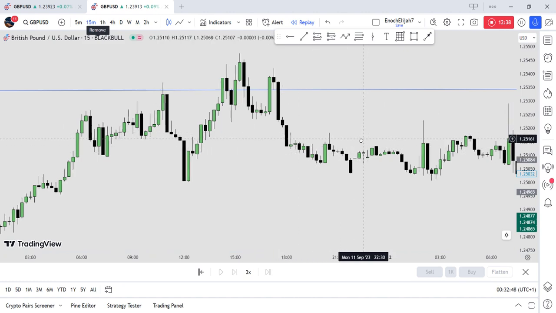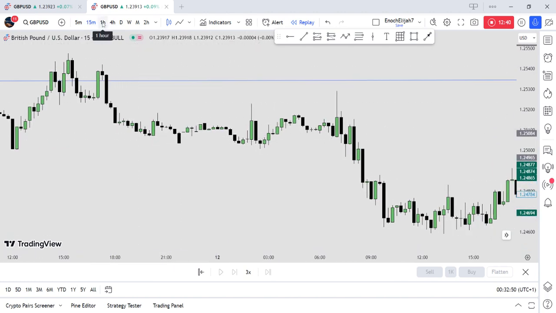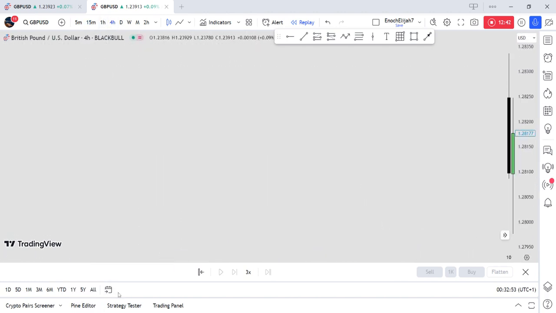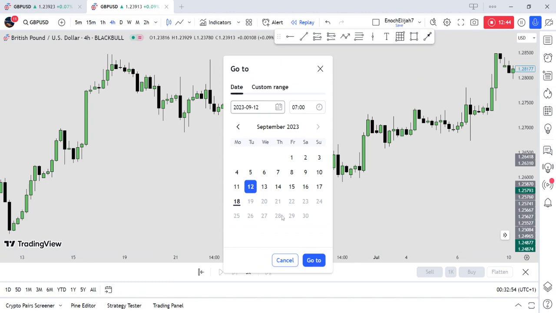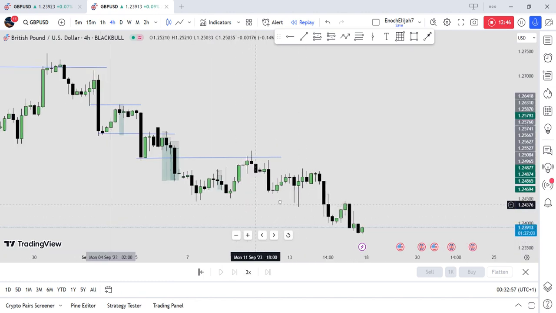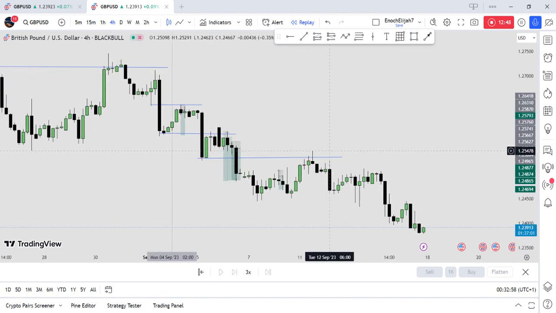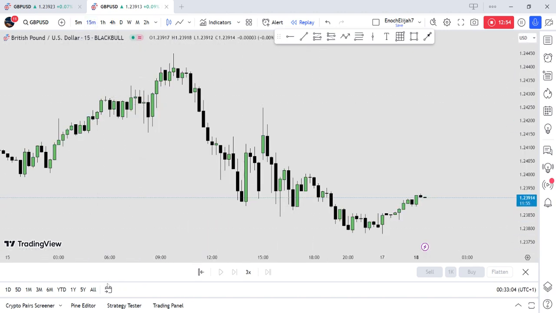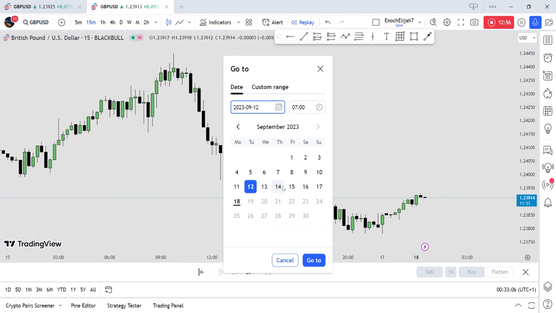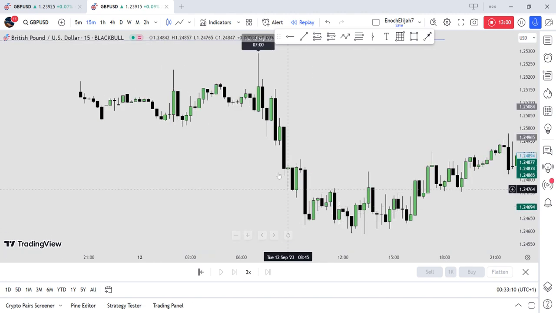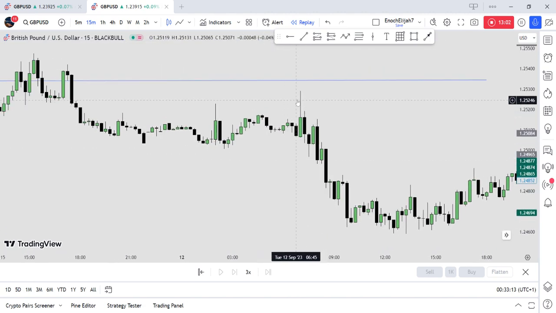So on the 12th of the month, go back to 4 hours to see again. Yes, 4 hours. We are still within this level. So 15-minute time frame. Here, price went up, took out this old high.